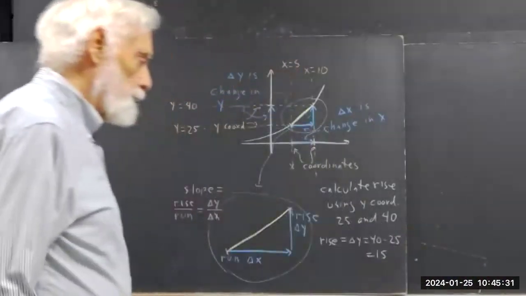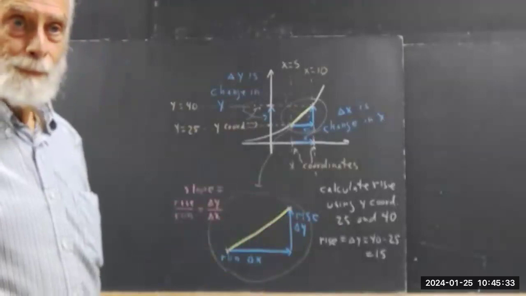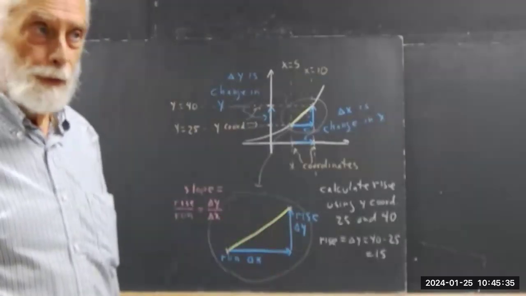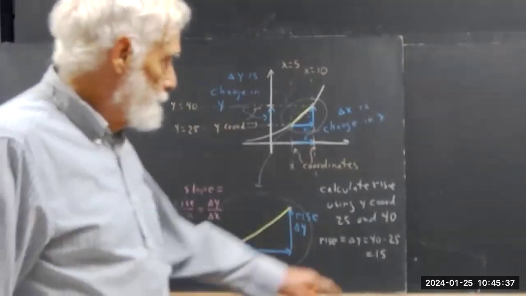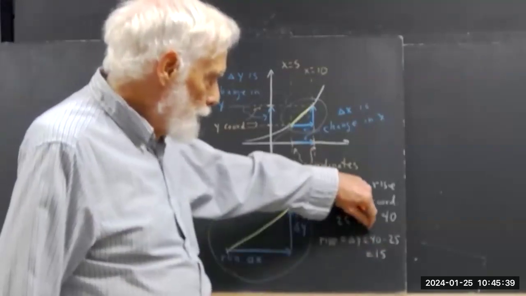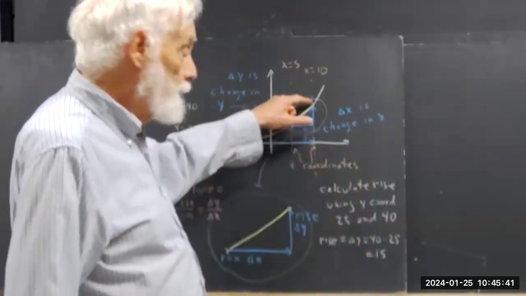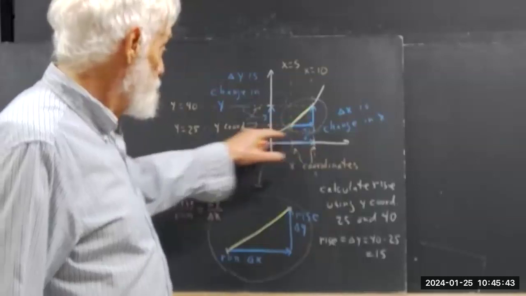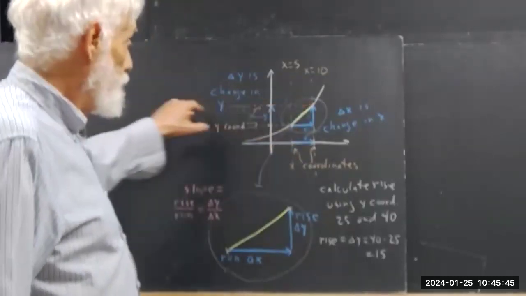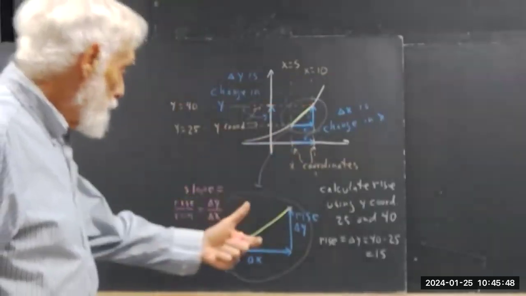Now, whether you do the calculation in your head or not, if you count by fives, it's fairly easy. You do need to understand that you're going to subtract where you start from where you end. Where this arrow starts is at 25, where it ends is at 40. So that's your rise.